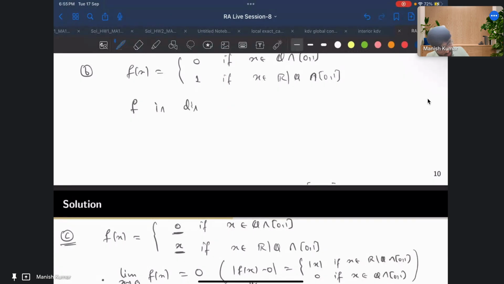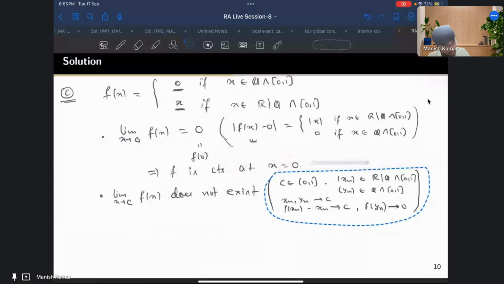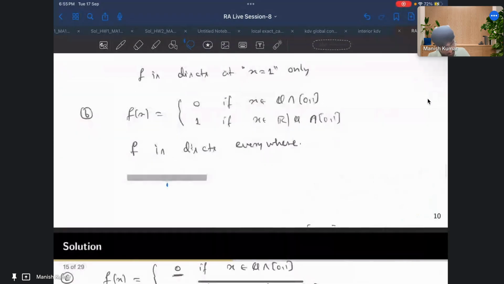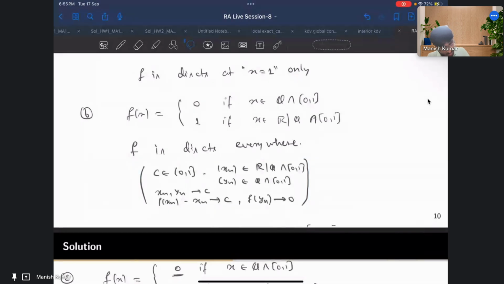You can take two sequences. The reason is the same, xn and yn.